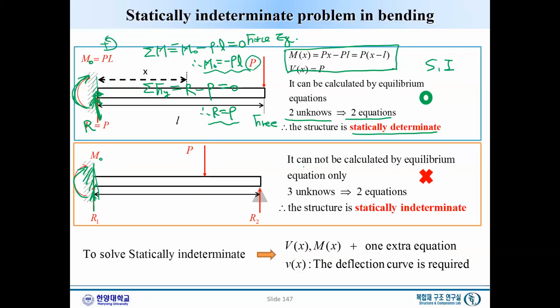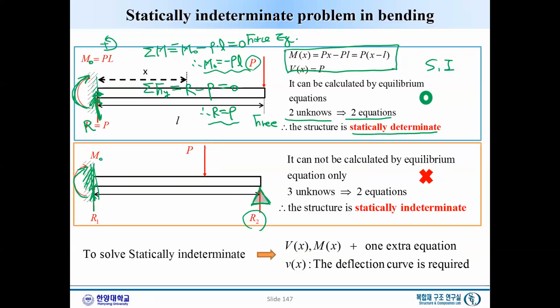And then on the right-hand side, we have another boundary condition. It is a simple support. A simple support means that it supports only vertical load, not the bending moment. So it allows a rotation, but no vertical displacement is allowed. So there will be an R2. We will study more about this simple support and the clamp.